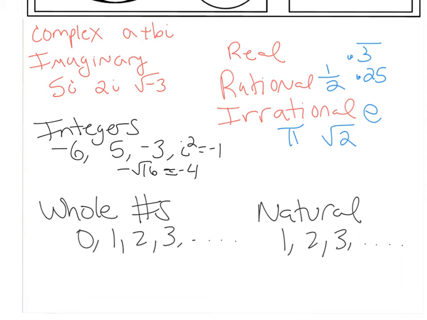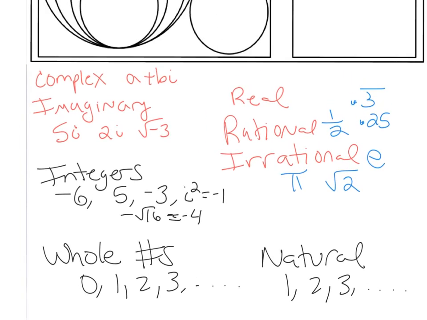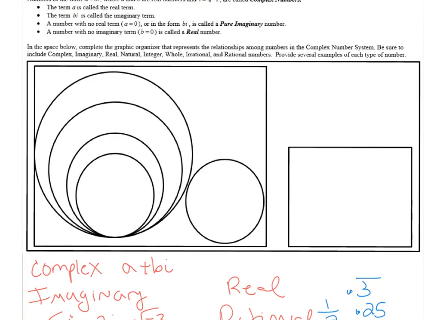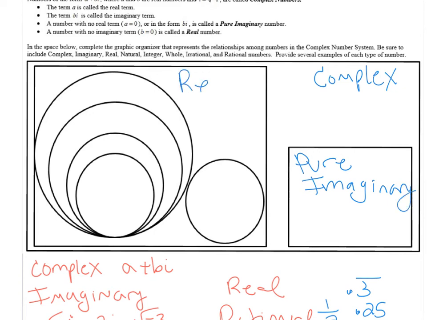So we're going to take all this vocabulary and put that into this diagram so that we see how all the different types of numbers relate to each other. So I started by saying complex numbers are the overall set, every single number is considered a complex number. Within complex numbers, we have pure imaginary, and real numbers.